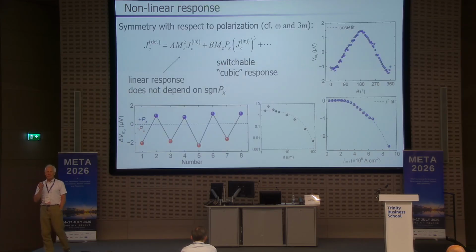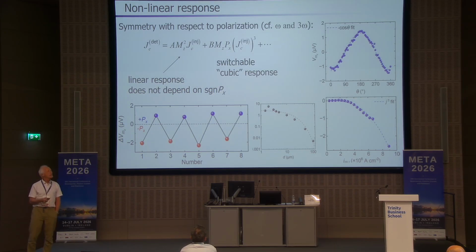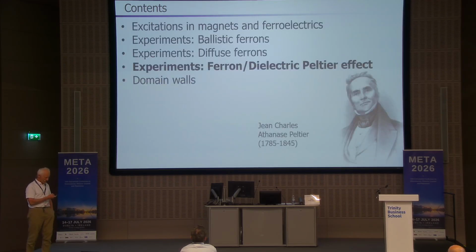Now, simple symmetry arguments would convince you that the linear response, which is proportional to the applied current in the injector, cannot depend on the direction of the magnetization, so it must go like mz squared, and it cannot depend on the polarization. If you want to see effects of the ferroelectricity, you have to go to the next higher term, which is the cubic one here.